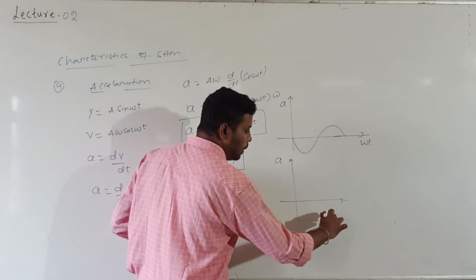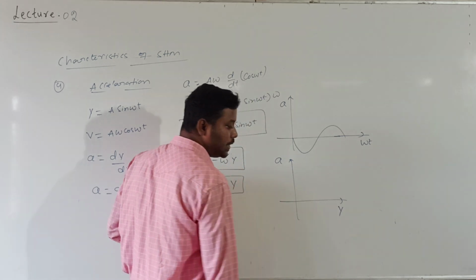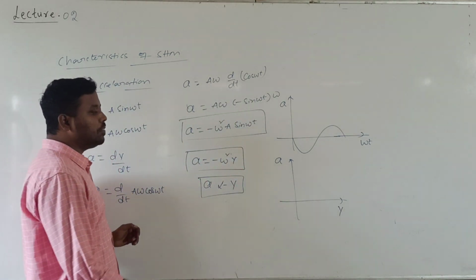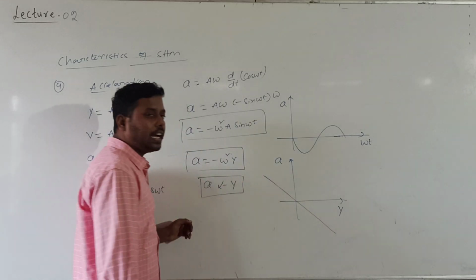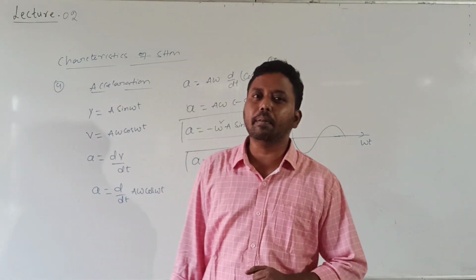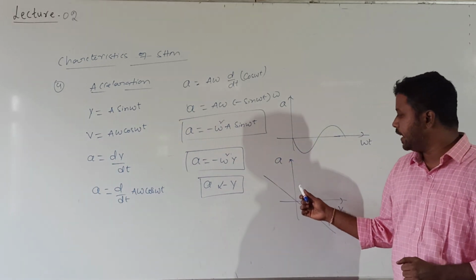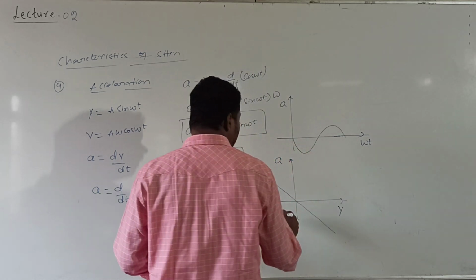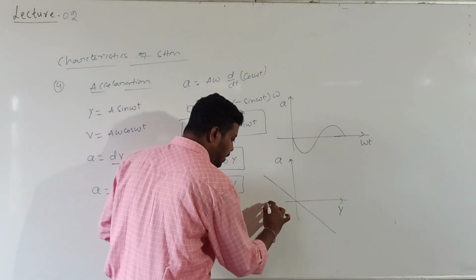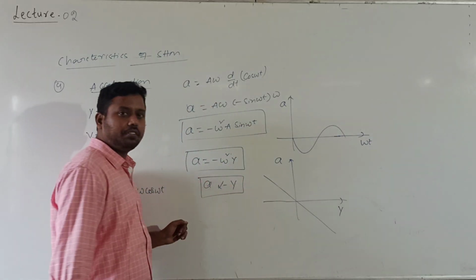If I plot the graph between acceleration and displacement, what is the shape of the graph? Whenever two quantities are directly proportional, the graph is a straight line. But remember, whenever displacement is negative, acceleration is positive, and whenever displacement is positive, acceleration is negative.